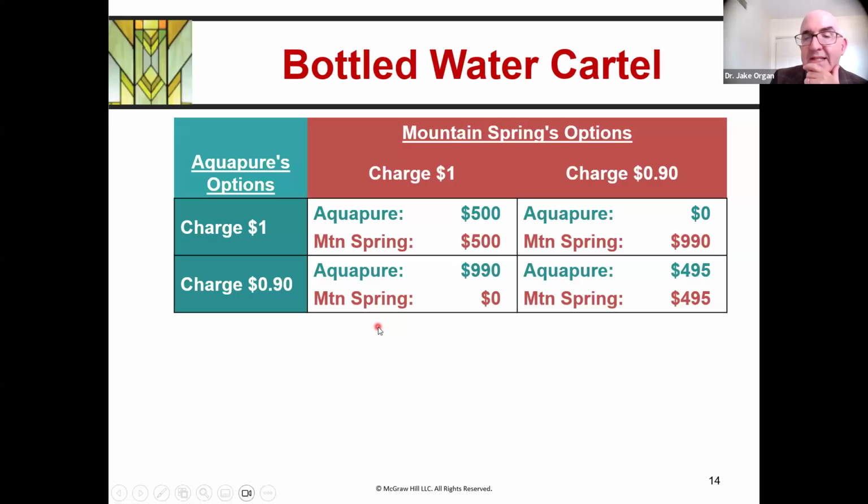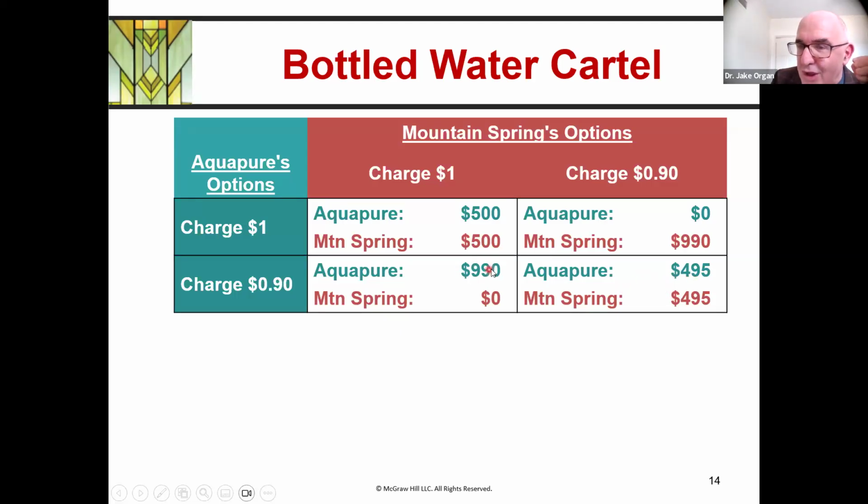So let's say here is a situation where they're in this optimal place where these two bottled water companies are making lots and lots of money, they're really, really happy, they're all charging $1. But again, the dominant strategy is to try and undercut the other person, and ultimately, because they're both going to do that, they're going to end up in this place.